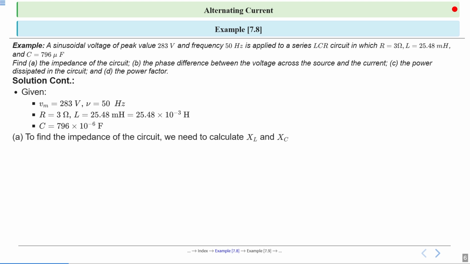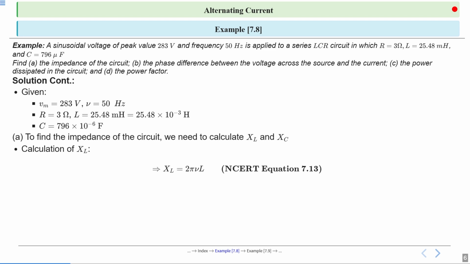Now A part, to find the impedance of the circuit we need to calculate XL and XC first. What is the expression for impedance? Z equals root of R square plus XC minus XL whole square. We are given the value of R, so we have to find XL and XC first.